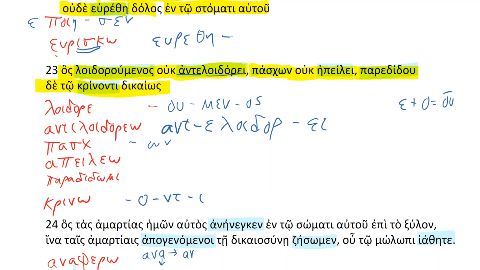The next one's an interesting verb. Apele is from apeleo, another contract verb. And so how does that form? Well, you have the lengthened augment. Okay, so you have this alpha that when you augment that, it's going to lengthen.